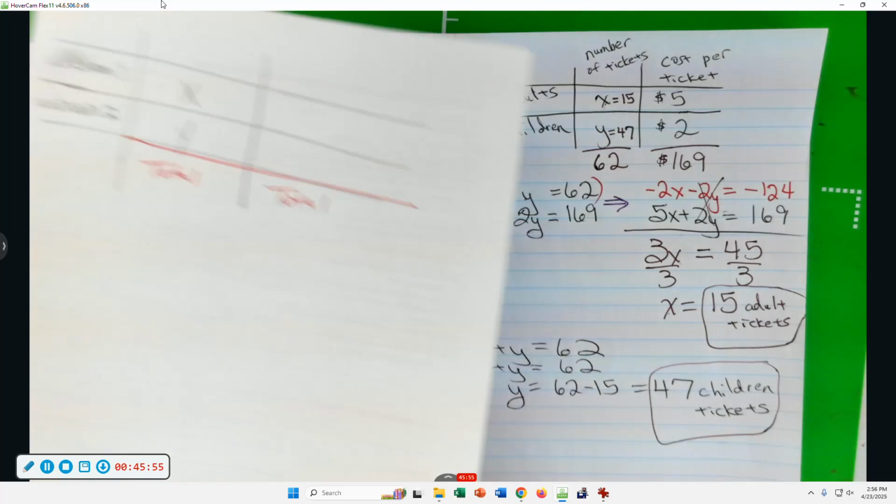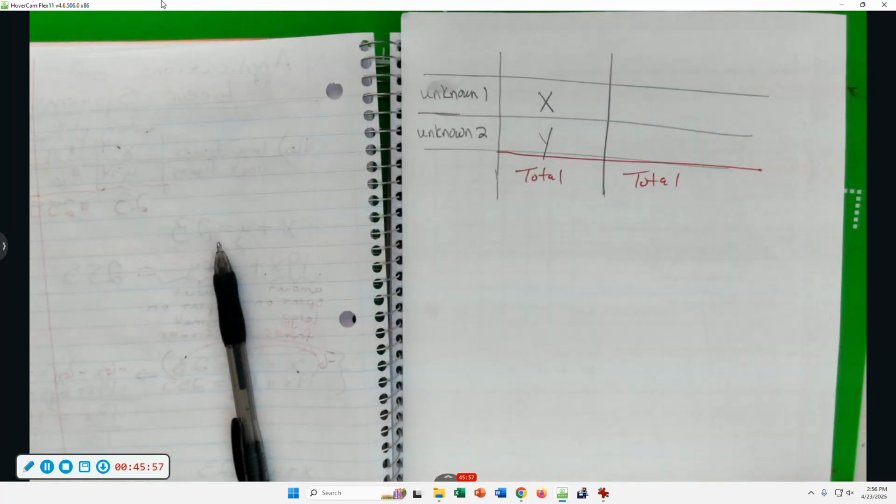And look, that's sort of an outline on how to do these. You have your unknowns, your variables, and then if there's two variables, there better be two equations. Two unique equations.